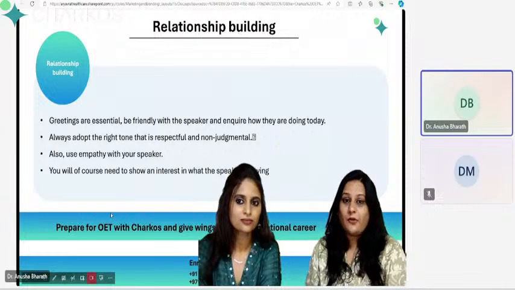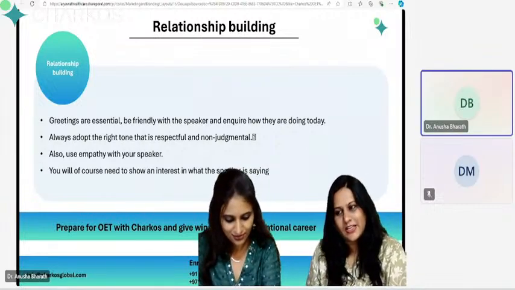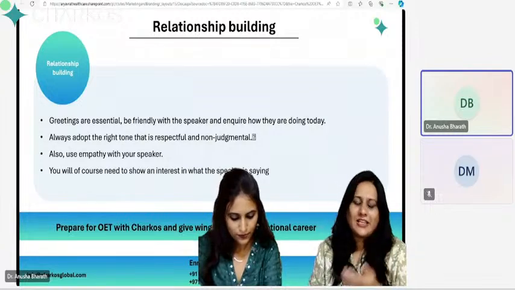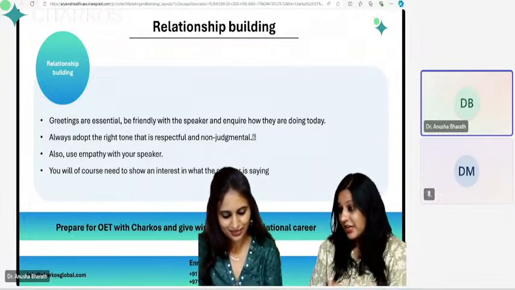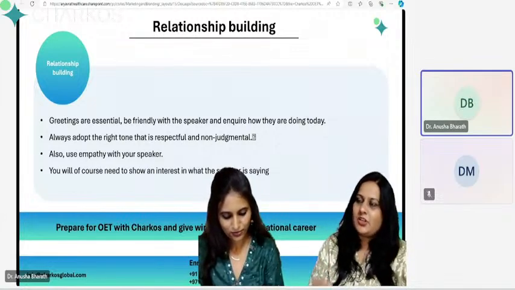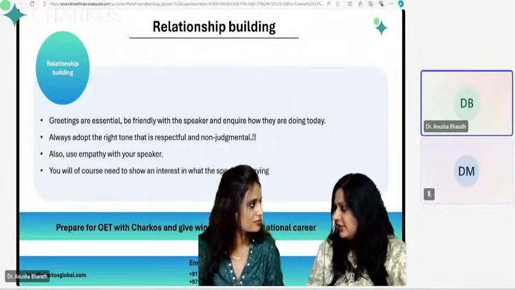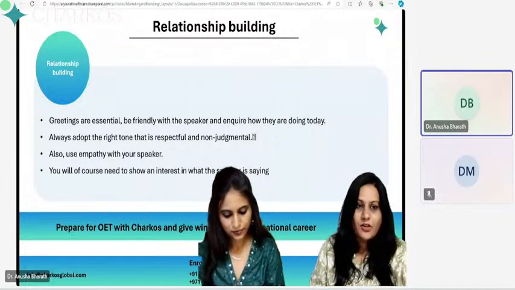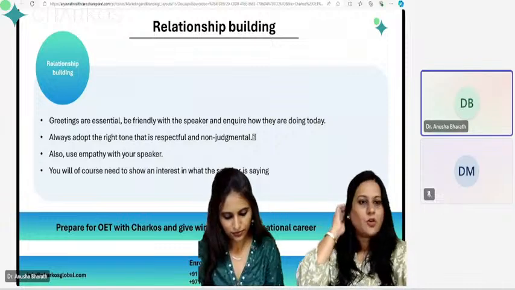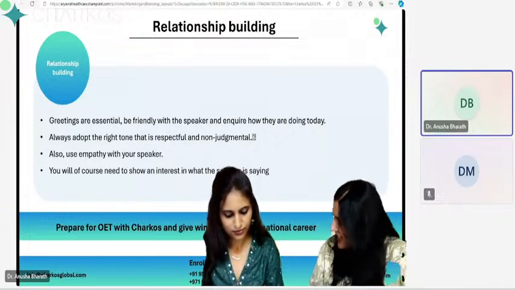So the first one is how good you are at building the relationship. One thing you have to keep in mind is that you are the bridge between the patient and the GP. If the patient needs someone in the facility, it would be the nurse. So it is very important to develop a good relationship with them, because it is you with whom they first talk about everything.